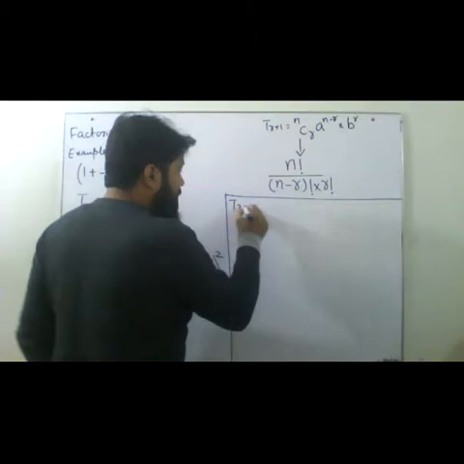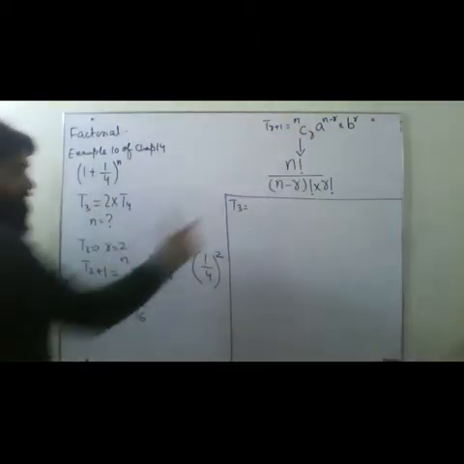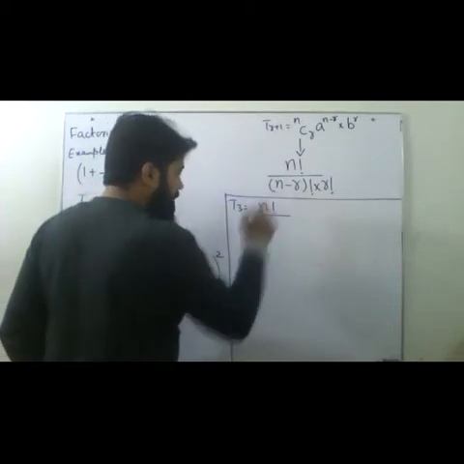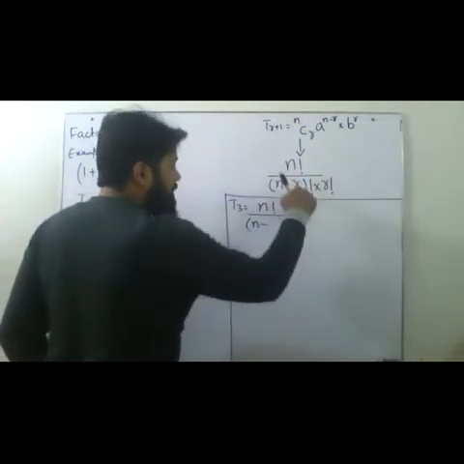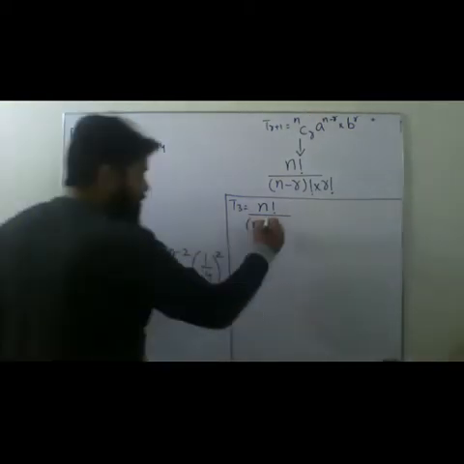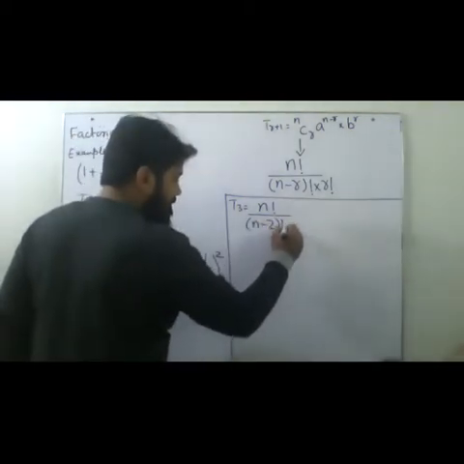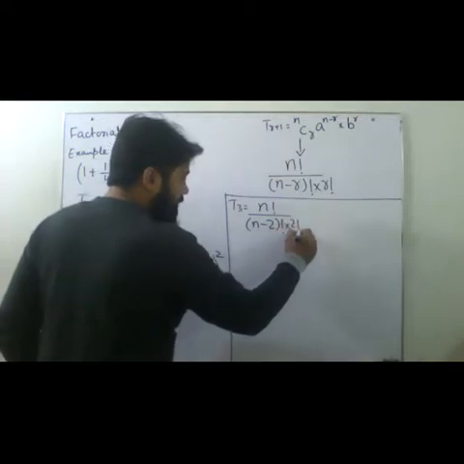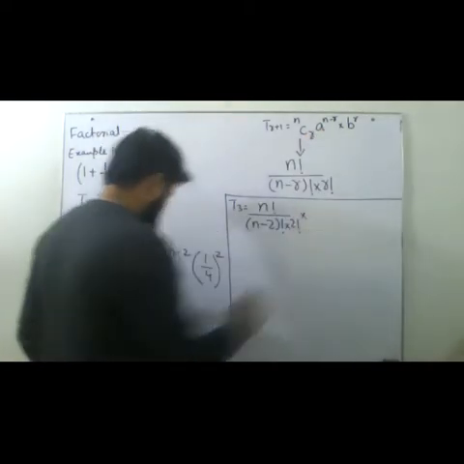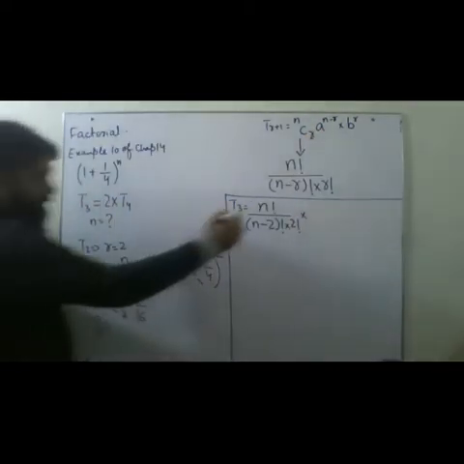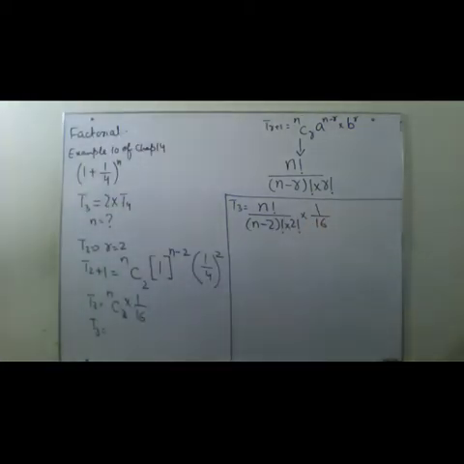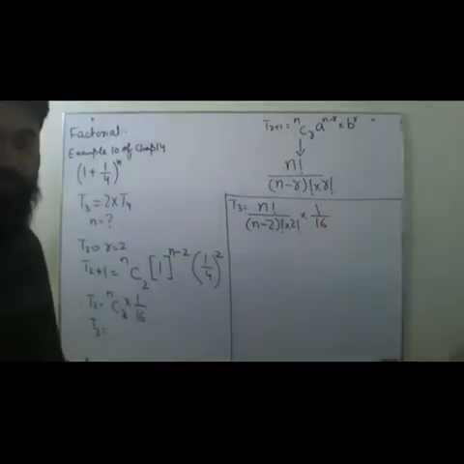T3 equals to n, the value of n is not given, so n factorial over n minus, what's the value of r? The value of r is 2, so 2 factorial into 2 factorial. Then 1 over 16.